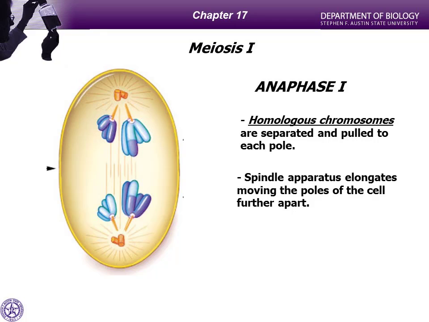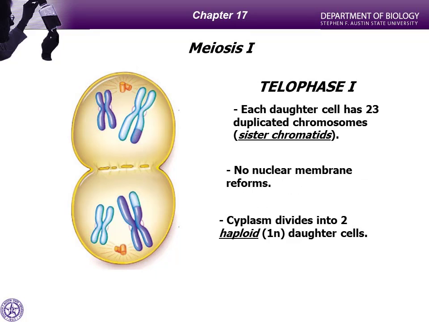Now notice in telophase 1, each daughter cell has 23 duplicated chromosomes. There are 23 sister chromatids in each one of these daughter cells. Now, this gets tricky because scientists say even though they're sister chromatids, so there's two attached to each other, and so in fact you've got 46 chromatids present.